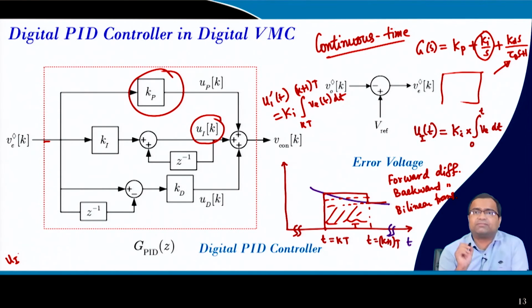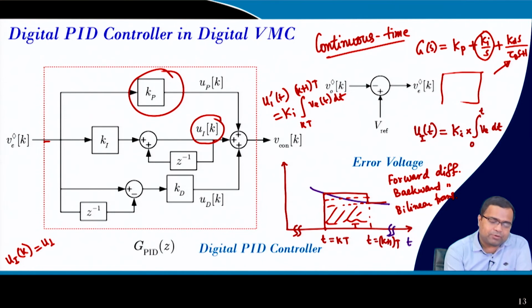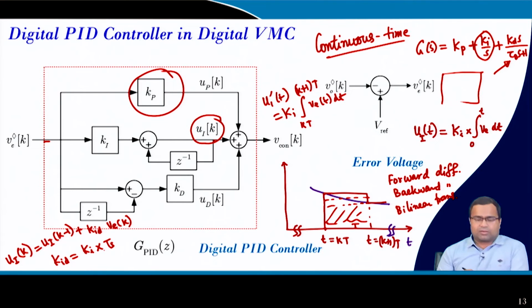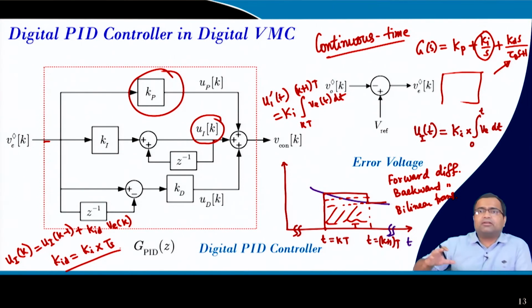I am not going into this, but this integral u of k, if we take the backward difference formula, can be realized as u of k minus 1 plus k I d times the error voltage, where k I d is simply the continuous time integral gain times the sampling time T. So this is the velocity algorithm.